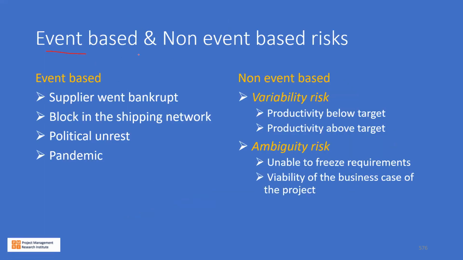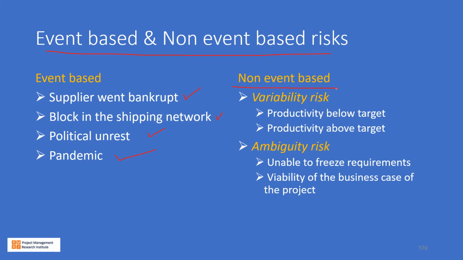Then event-based and non-event-based risks. An event-based risk, like a supplier went bankrupt, that event happens, or a block in the shipping network, or political unrest, pandemic. These are all examples of event-based risk. And then there are non-event-based risks.